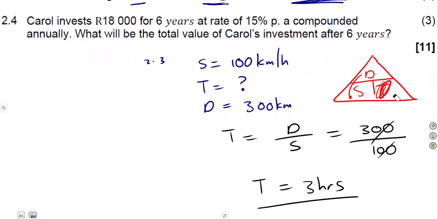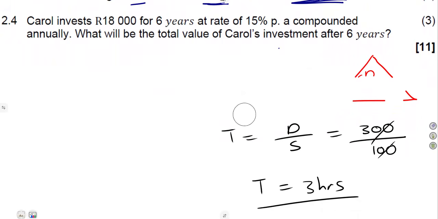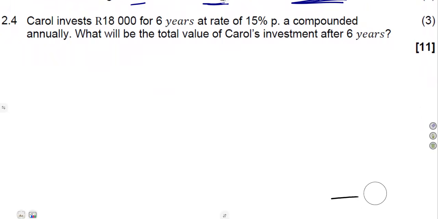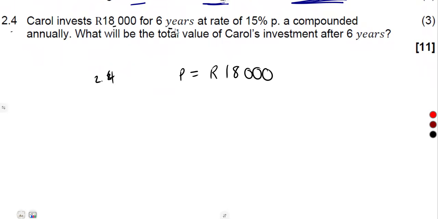We are given that Carol, I don't know the way that you pronounce it, invests 18,000. The total amount that was invested into the business or taken to the bank, it was 18,000. That's our principal. Money invested for 6 years.